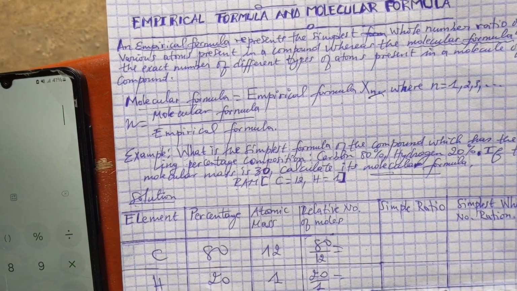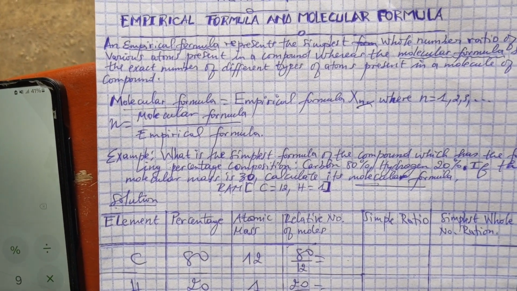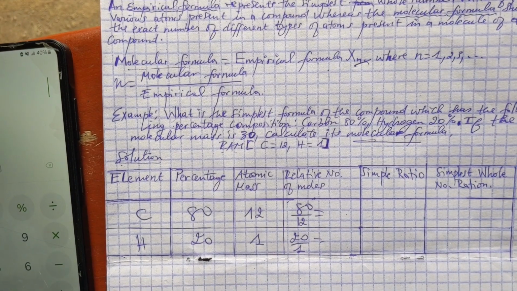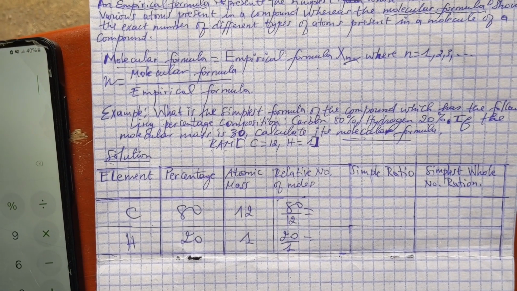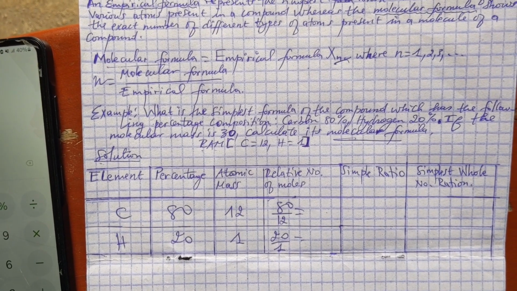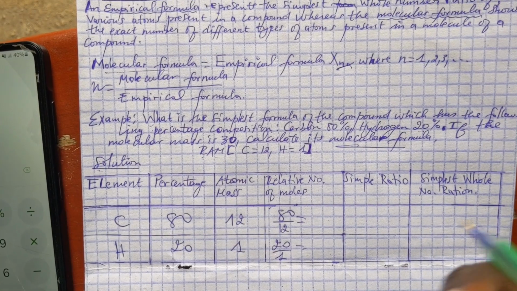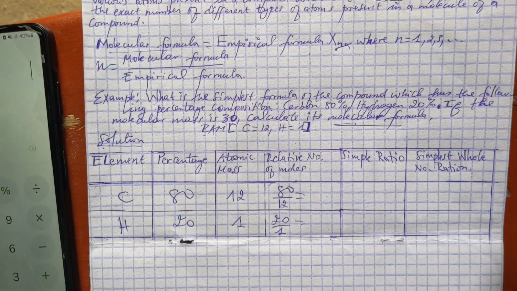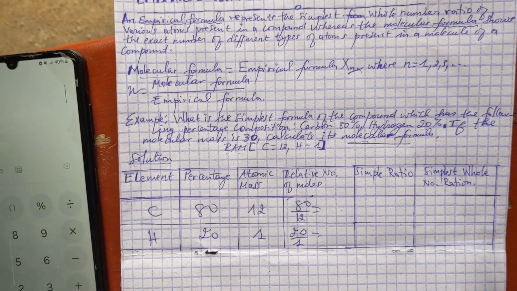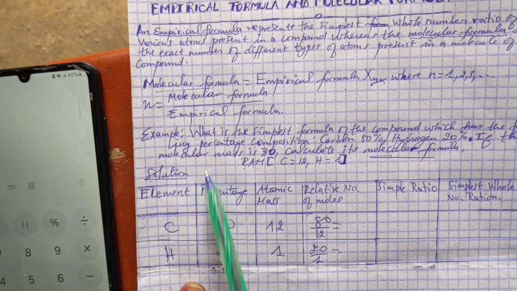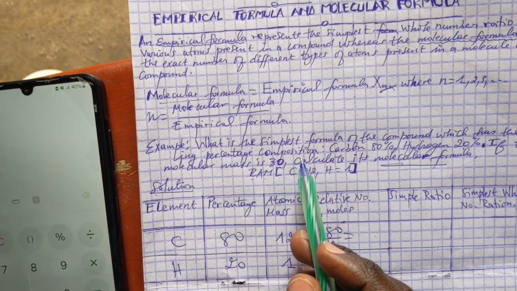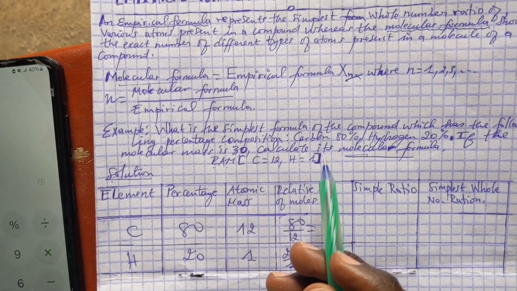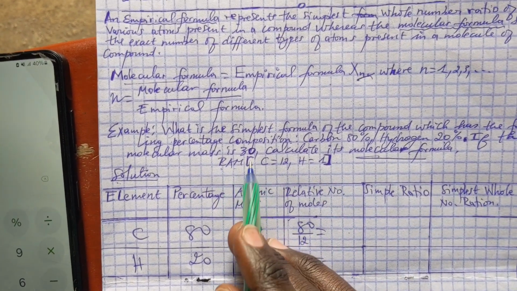So here, guys, I have an example that I want to explain using two different methods, and you are welcome to choose any method that you are familiar with or the one that you find quite simple and straightforward. What is the simplest formula of the compound which has the following percentage composition?